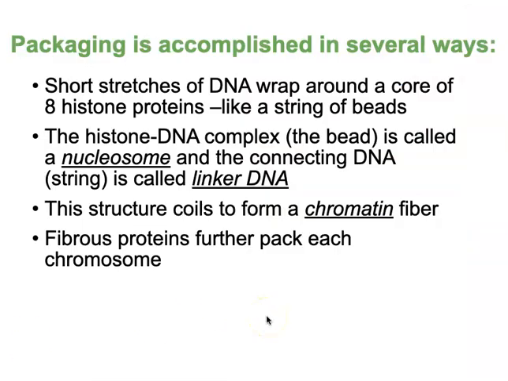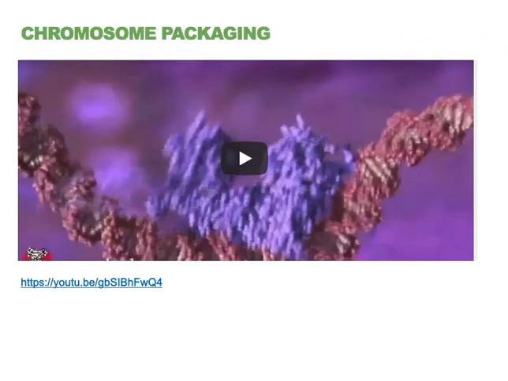So we have to package it. And I just told you essentially how we do this. And we create these things that are called linker DNA structures. And this allows for efficient packaging. And there's a little movie you guys can go watch here when you get the free time. But the idea, of course, is this is a representation of what we think actually happens.